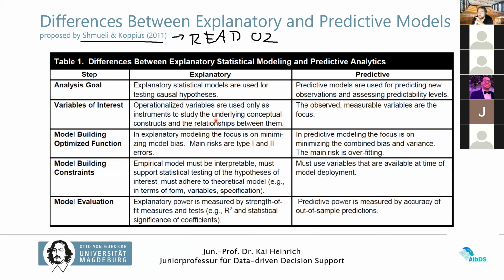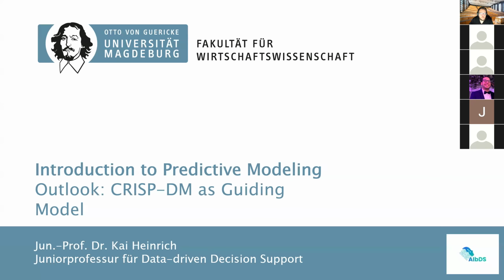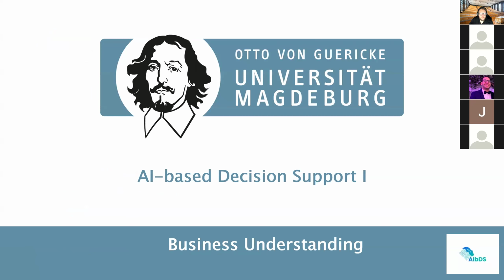I won't go into detail; if you want, you can read the paper. The paper is very good. Here you have the model evaluation difference, and it goes a little more into detail. But for time reasons, we're going to go over other things now.